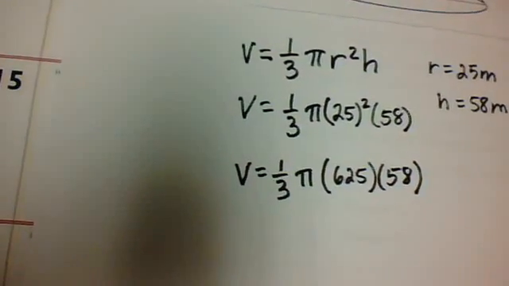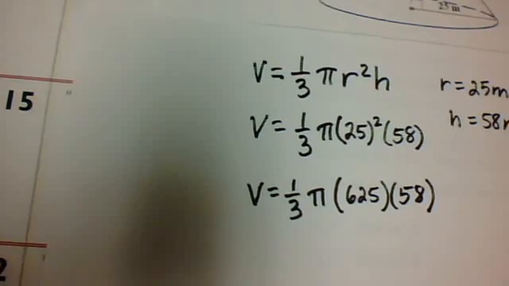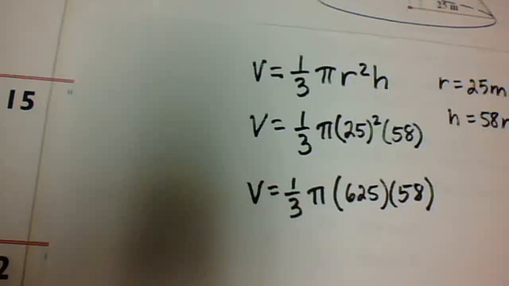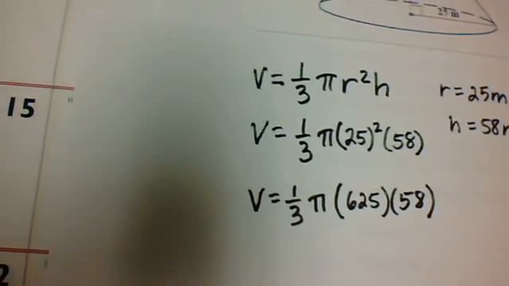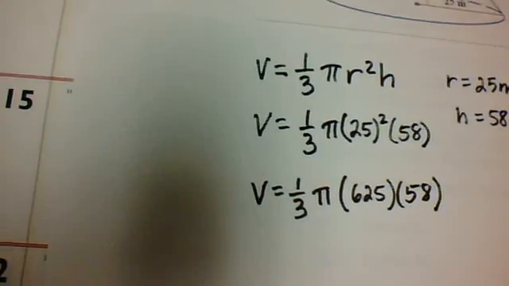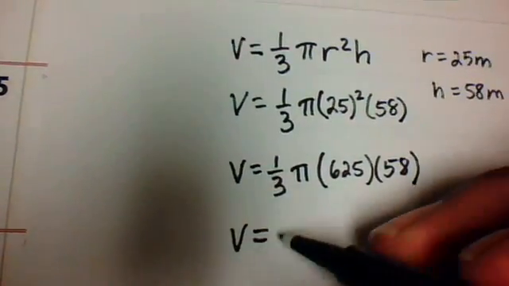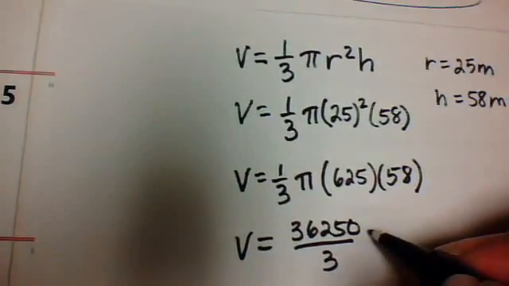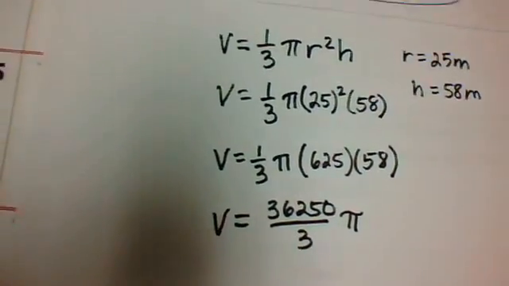Now what I'm going to do is multiply 1/3 times 625 times 58, and I'm going to express that as a fraction in simplest form, which is in this case 625 times 58 will be 36,250 over 3. And that'll be 36,250 over 3 pi.